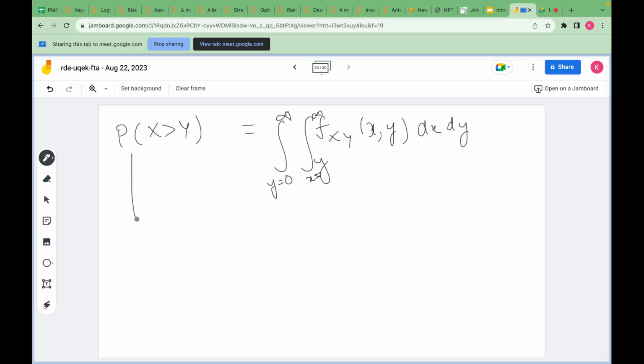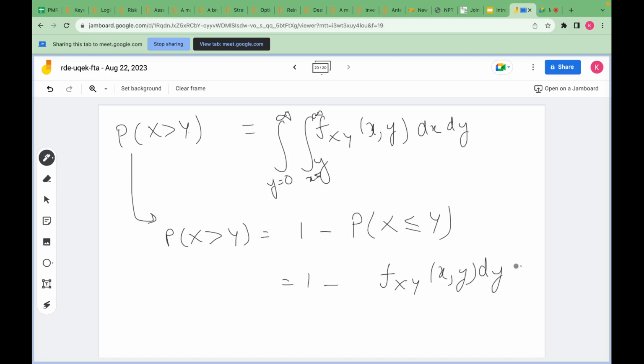Or you can write this probability of x greater than y in another way, as x is less than or equal to y, and then you can do it with dy dx, where y is equal to x to infinity, sorry, y will vary from x to infinity and x will vary from 0 to infinity.